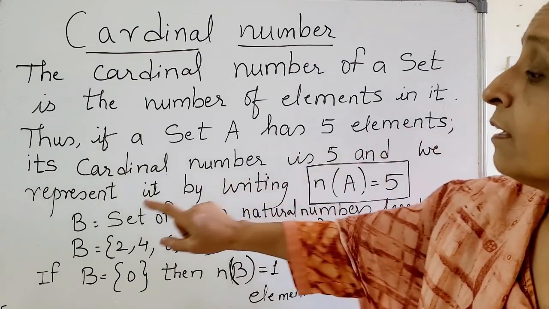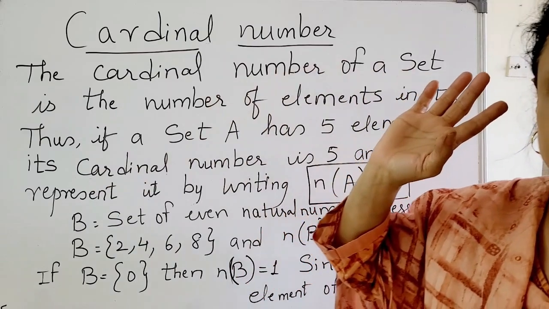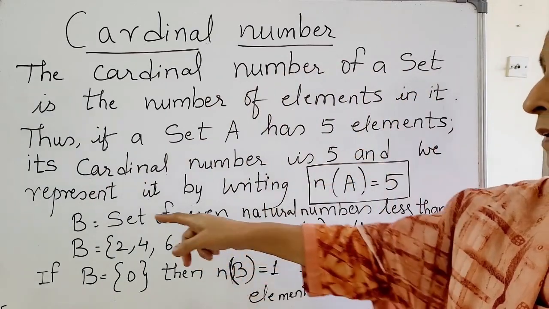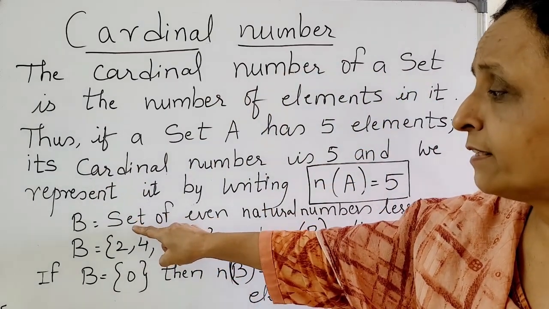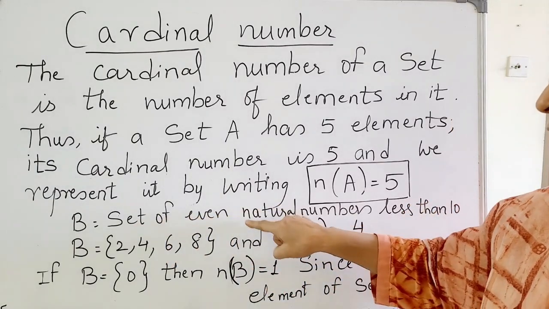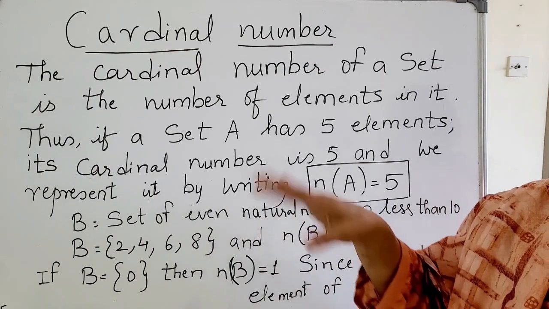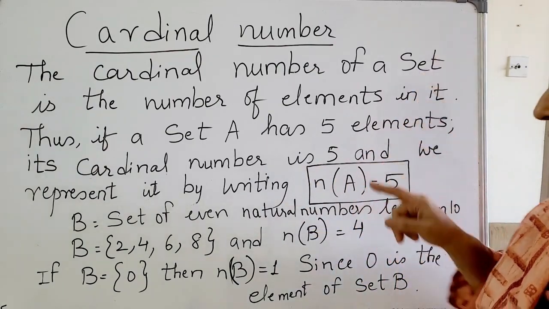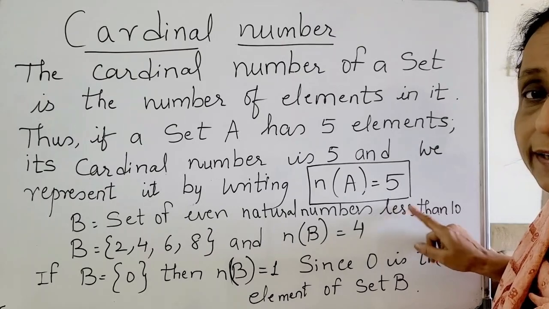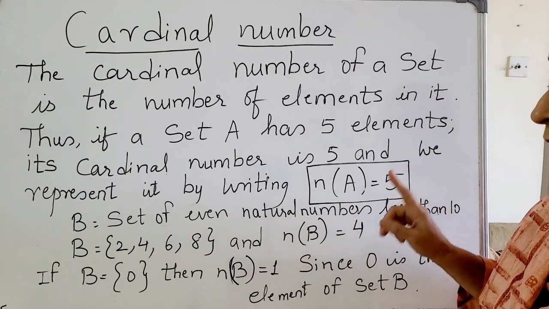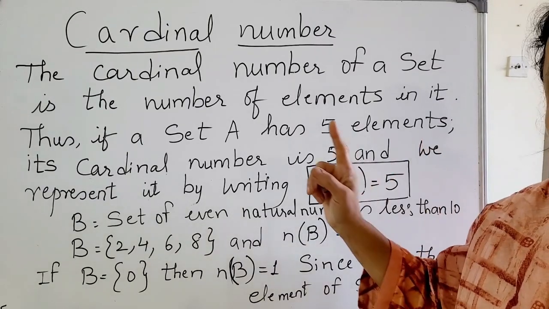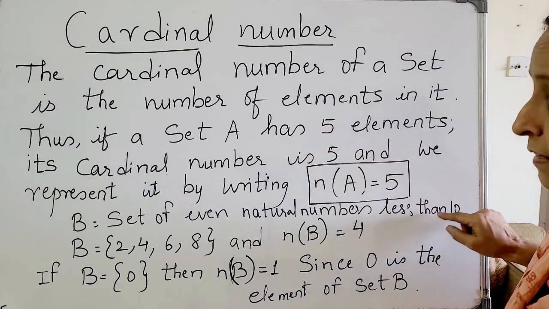Now, take another set B. It says the set of even natural numbers less than 10. Natural numbers are 1, 2, 3, 4, 5, 6, and it goes on, but here it is given it has to be less than 10.